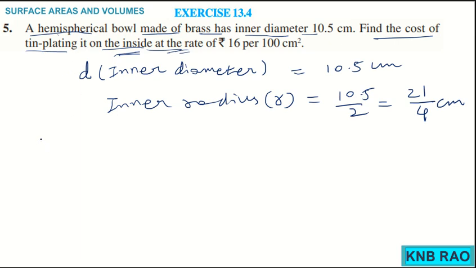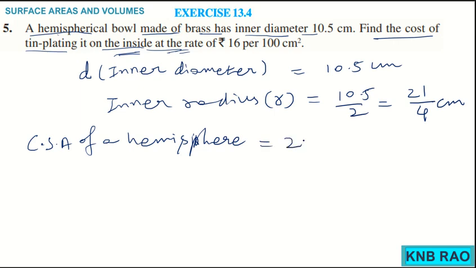So it is a surface area only. So curved surface area of a hemisphere, you are finding it, which is 2 pi r square.